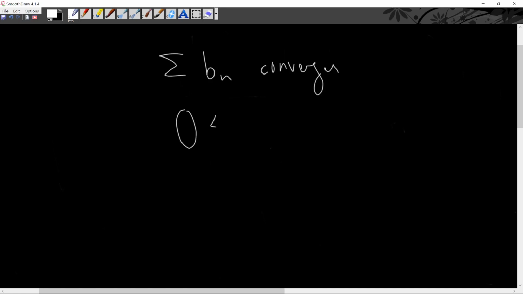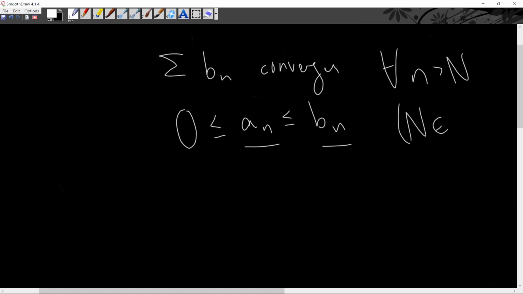and this is true: 0 is less than a sub n, which is less than or equal to b sub n. What this is saying is that every single term within the sequence a sub n is less than its corresponding term within b sub n for all n greater than N, with N being a natural number.